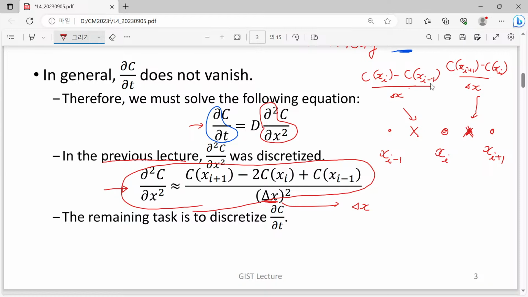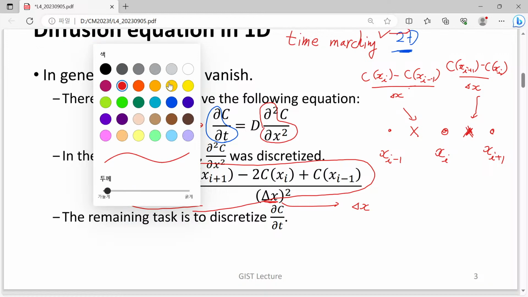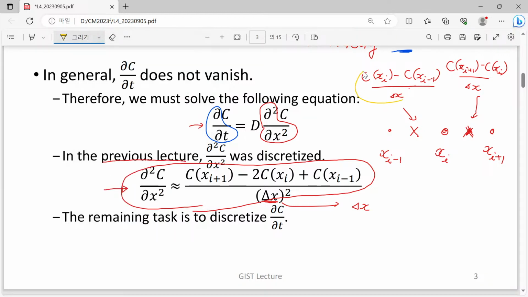By taking the difference between these first order derivatives, eventually we get an approximate form for our second order derivative centered at x sub i.